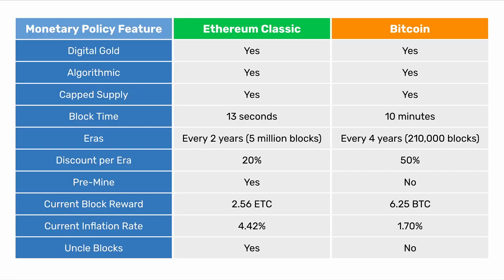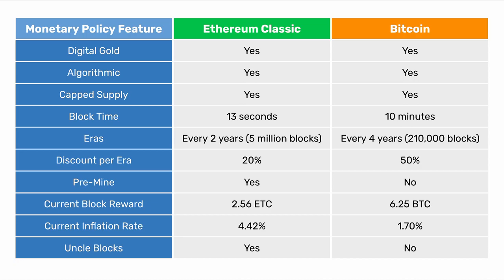Monetary policy feature. Digital gold: Ethereum Classic, yes; Bitcoin, yes. Algorithmic: Ethereum Classic has an algorithmic monetary policy, and Bitcoin as well, so it's yes. Cap supply: Ethereum Classic has a cap supply and Bitcoin as well, so it's yes and yes.